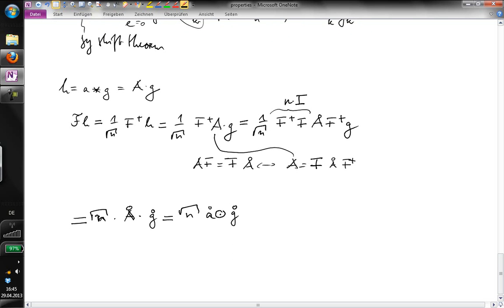Okay, so the thing to remember is that multiplication in space corresponds to convolution in reciprocal space and vice versa.